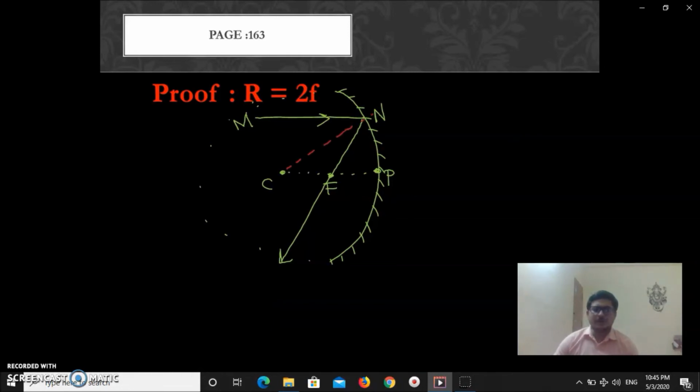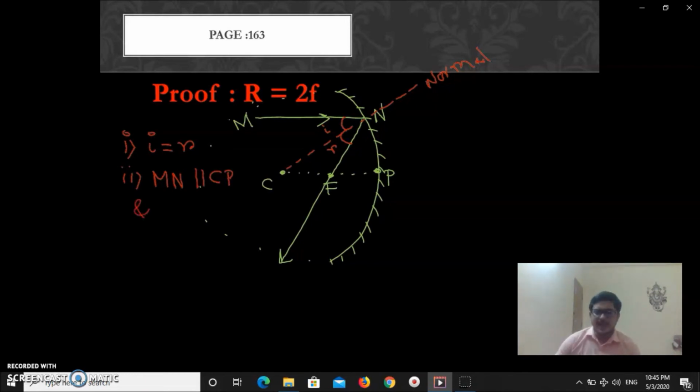Now I can draw a line from the center to the point of incidence. No doubt, any line drawn from the center will be treated as the normal. So these I and R are respectively the incident angle and reflected angle. From the law of reflection, we can say I equals R. Now cadets, pay attention to the two lines MN and CP. They are parallel. Clear? Good.